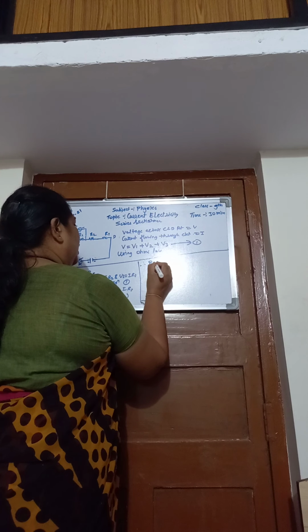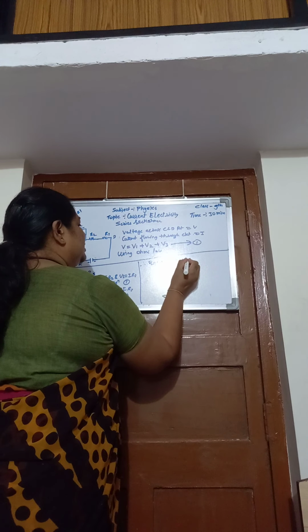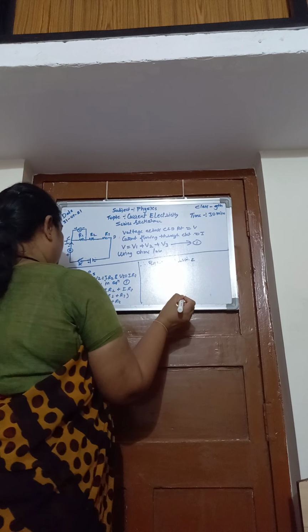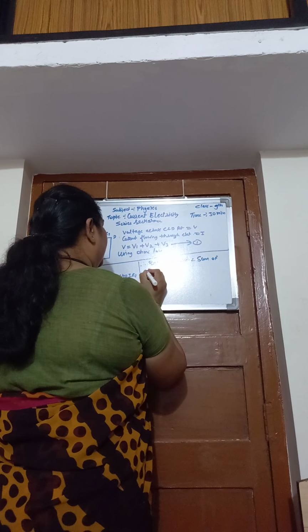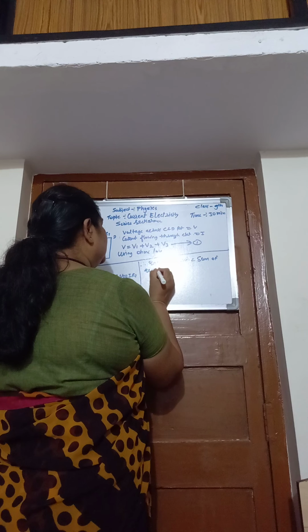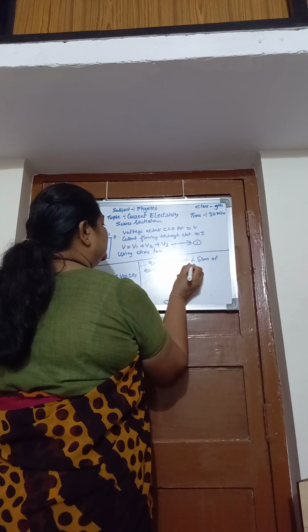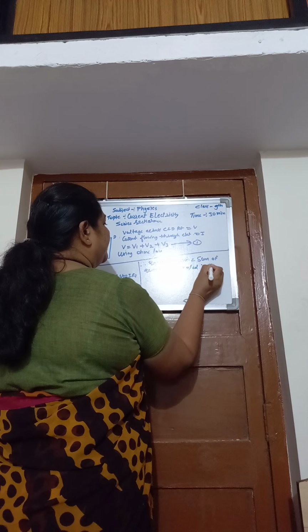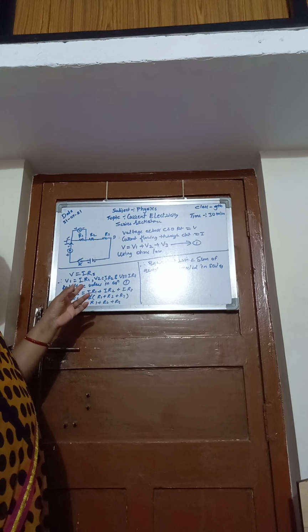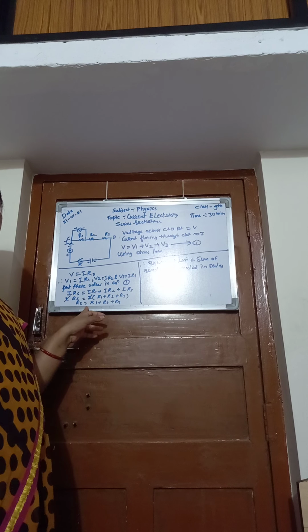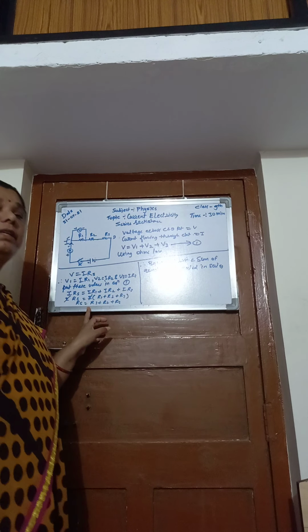Therefore equivalent resistance equals the sum of resistances connected in series. We have calculated the equivalent resistance when these resistances are connected in series.